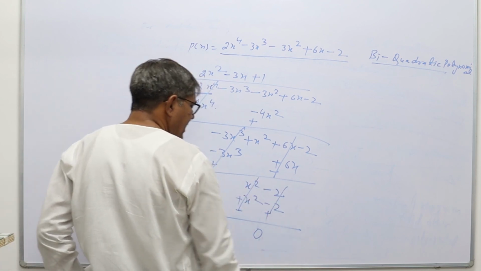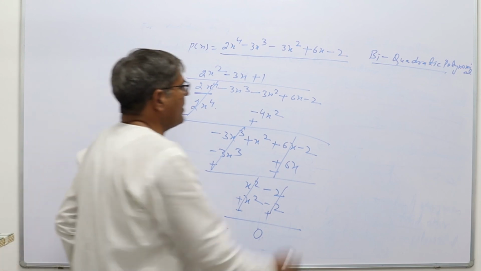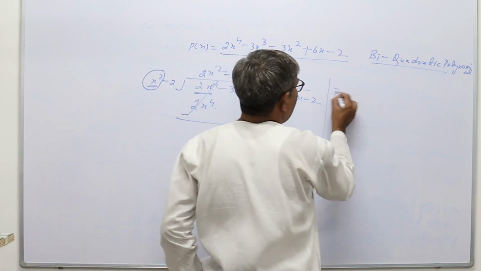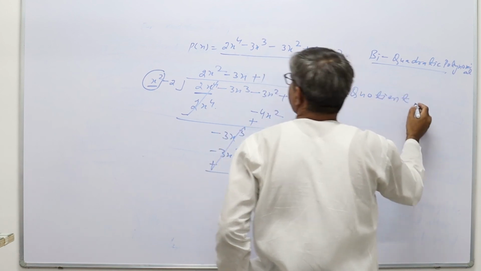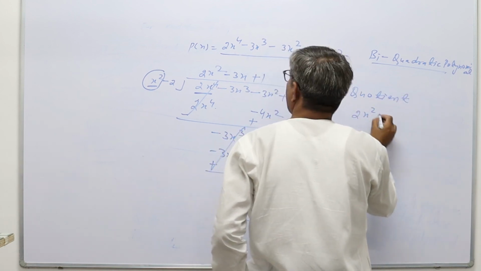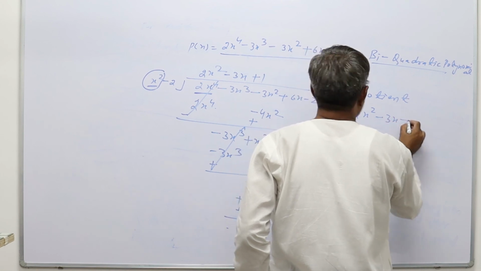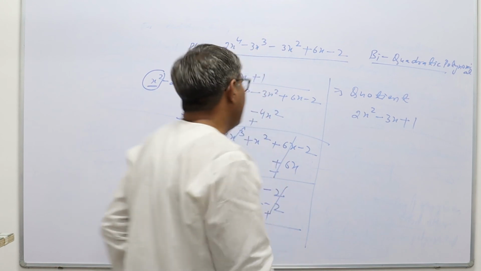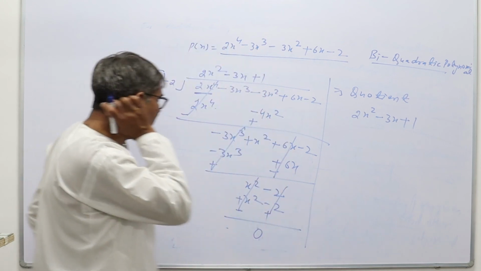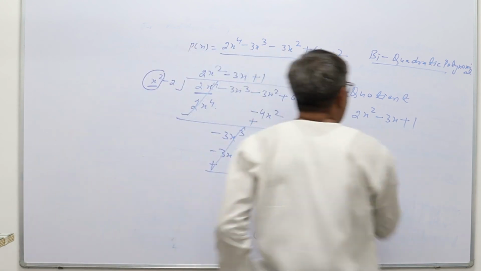So the remainder is 0. So here the quotient is 2x square minus 3x plus 1. Now to find the other zeros, we will resolve this into prime factors.